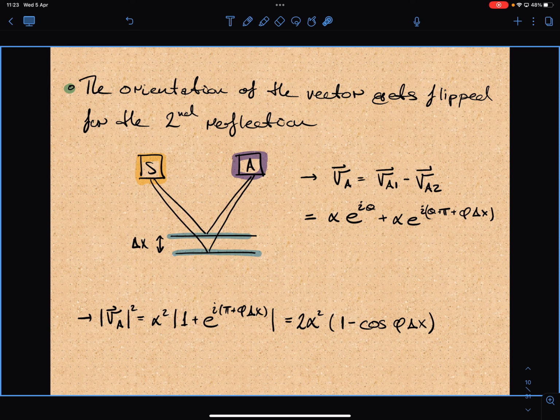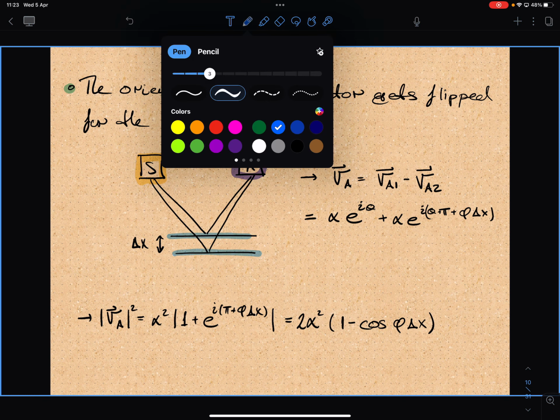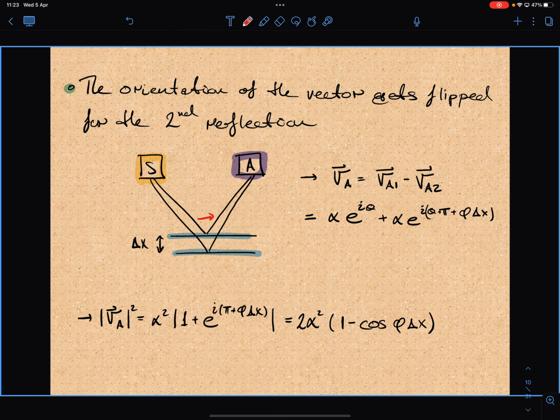Now, going back to the setup, there's an additional rule, which I don't know how to precisely describe, but what happens is that the orientation of the vector gets flipped in the second reflection. So if we have a vector here that comes out this way, after it gets reflected in the second one, it's going to change the orientation.